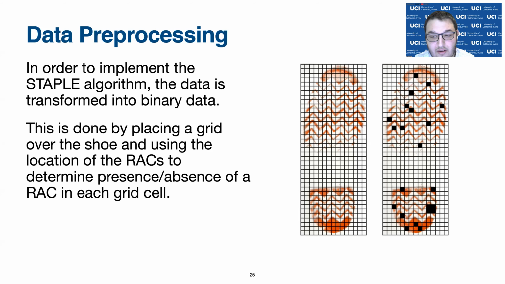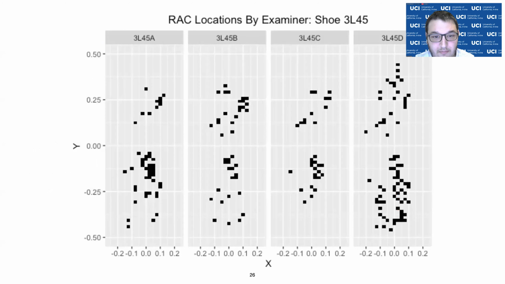And we can now overlap these different grids for each examiner. And to push that point across, here is one shoe example. The black boxes indicate which cells had a RAC determined by the location the examiner determined.